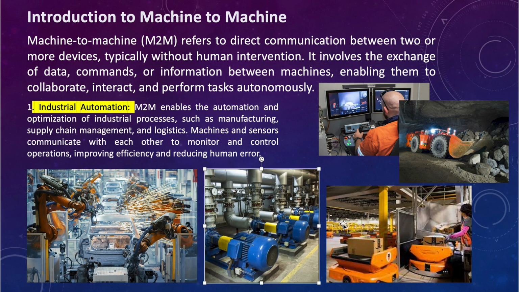This is used as an example of human interaction where machine to machine is working. These are examples of machine to machine itself, working by itself. But at the end of the day, this all seems like part of IoT, isn't it?